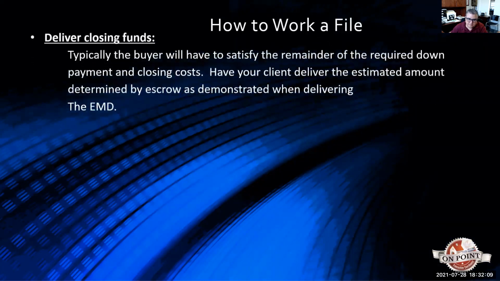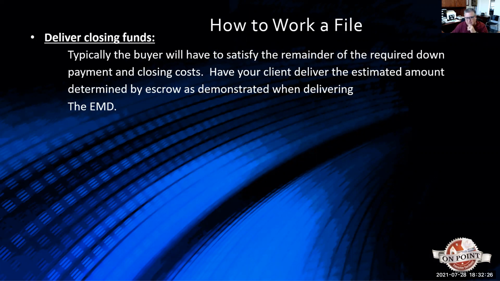All right, so coming up on slide 11, so we're moving along pretty good. So deliver closing funds. Typically the buyer will have to satisfy the remainder of the required down payment and closing costs. Have your client deliver the estimated amount determined by escrow, as demonstrated when delivering the earnest money deposit, or an EMD, right?